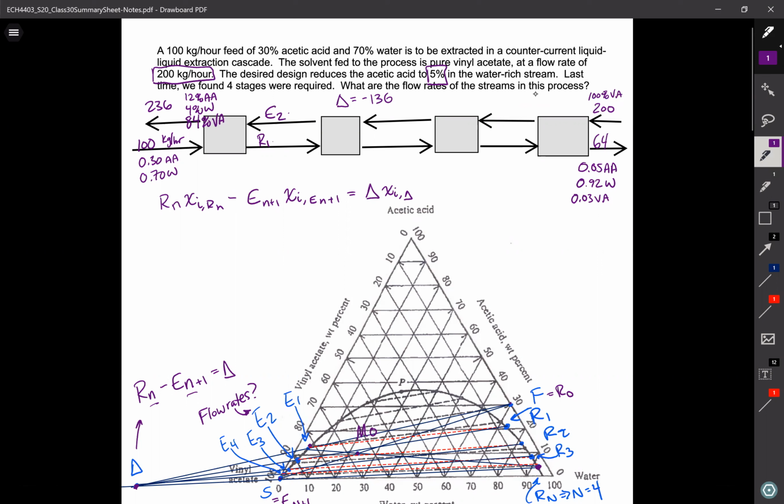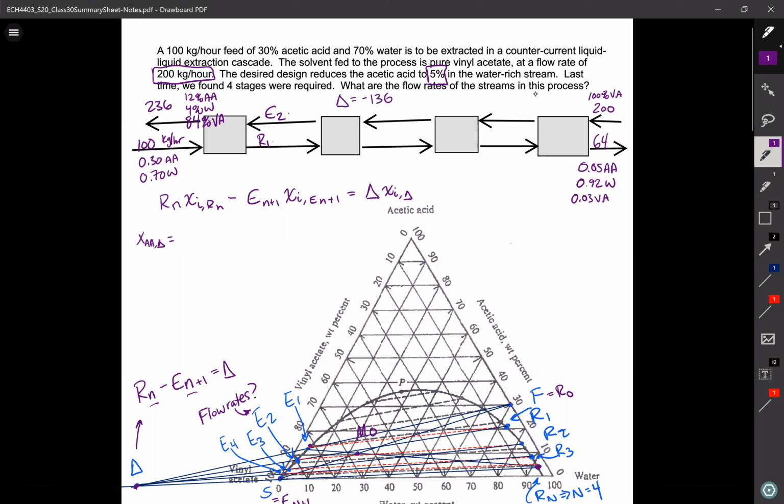We can use this generalized material balance to find all three compositions. So let's just go ahead and, obviously rearranging it, just bring the delta over to the other side. So let's do X acetic acid at the delta point and figure out what that is equal to. I can evaluate any pair of crossing streams, and because the delta point is the same no matter what stage, it shouldn't matter what stage I do. So stage one looks pretty easy, and then I'll check myself with the last pair of crossing streams at the very end. So composition of acetic acid in R0.